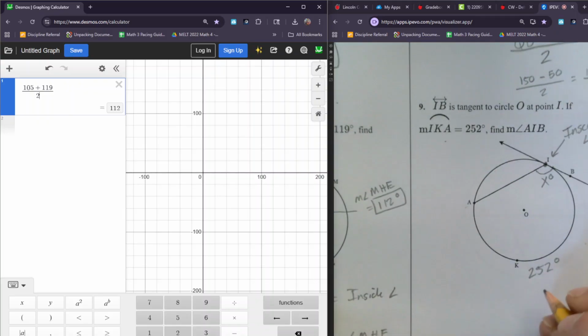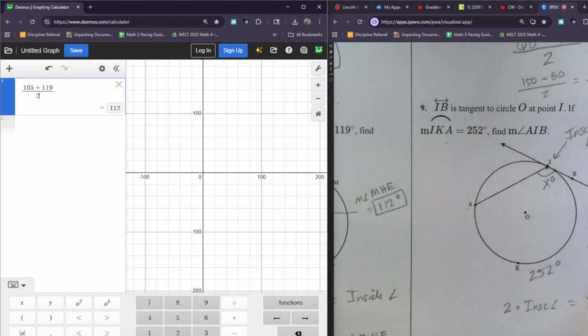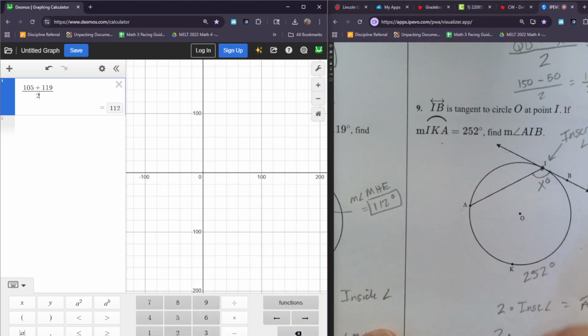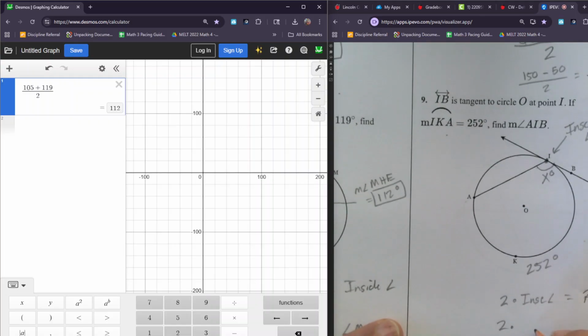So it's 2 times the inscribed angle equal to the arc. So 2 times angle AIB is equal to the arc, which is 252.